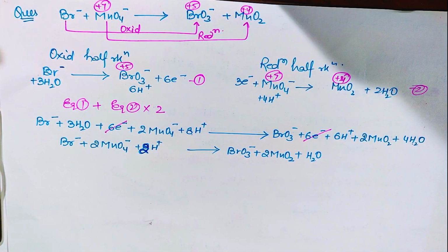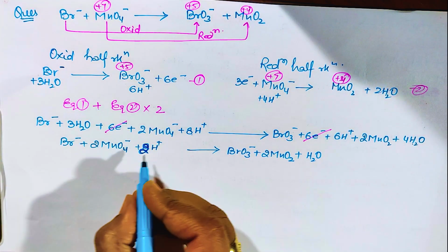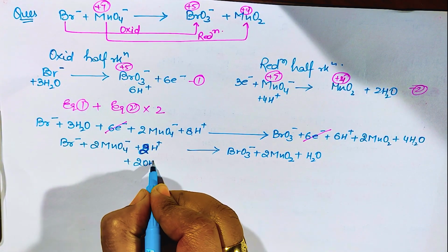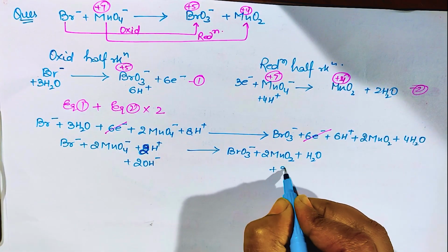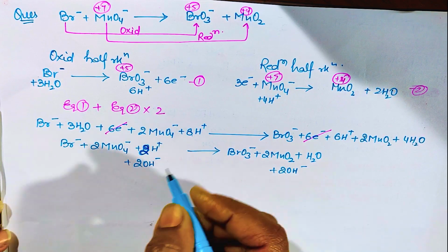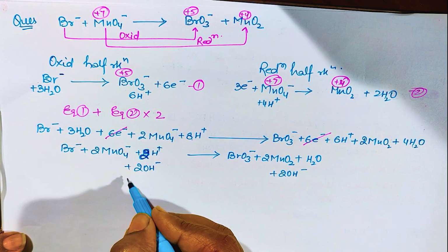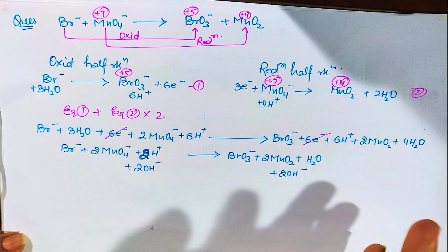Now at last, since it is the basic medium, what we are supposed to do is add the same number of OH- on both sides as the number of H+ already added. So that means 2H+, so add 2 OH- on this side, and there also 2 OH-, and this will be 2H2O, isn't it? And this is 1H2O. So can I cancel 1H2O?